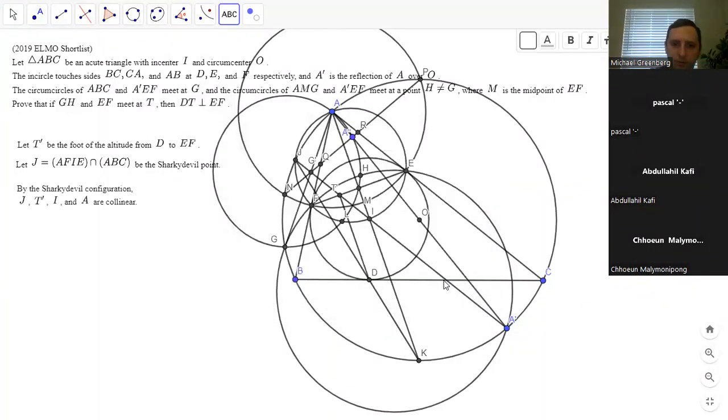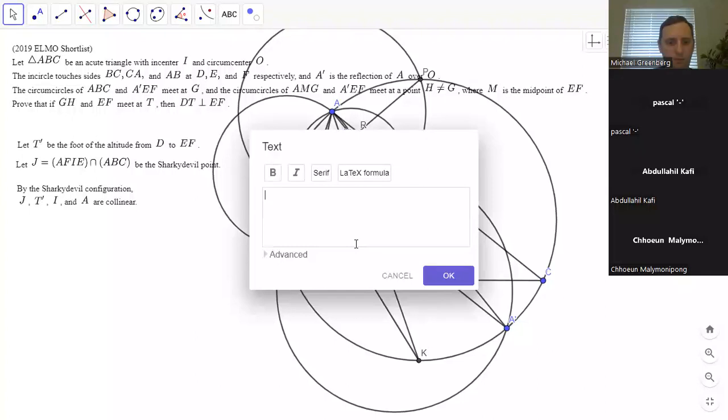Okay, and then we're going to define Q and R. So draw the circle with center A and radius AE equals AF.